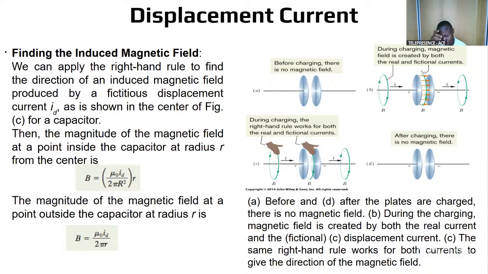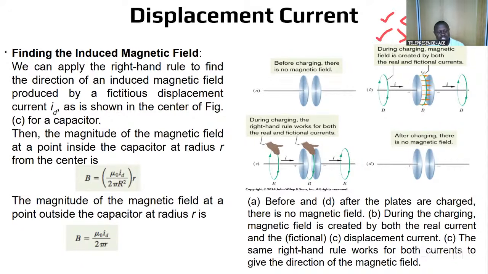But the magnitude of this field. Now, we need to understand something. If r is less than this, it means the point is inside the capacitor. And if it is greater, it means the point is outside.